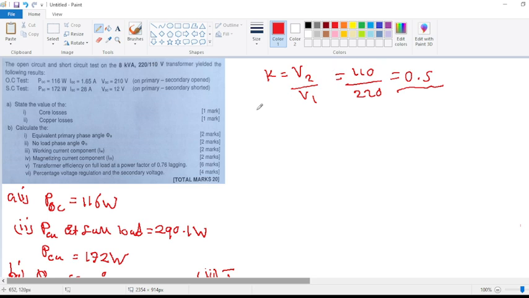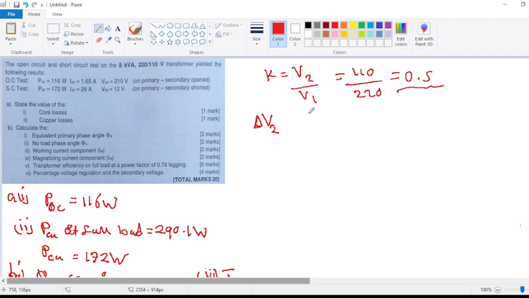So now from here, we are going to calculate the voltage drop on the secondary side. The secondary voltage that we're going to have, I will represent it as V2.